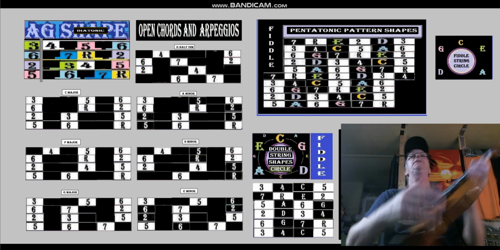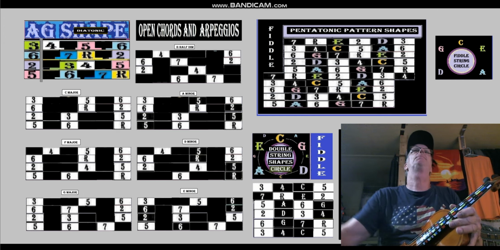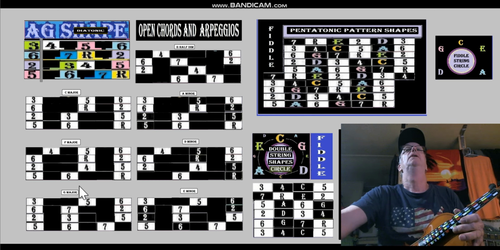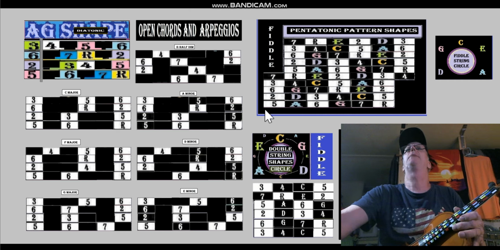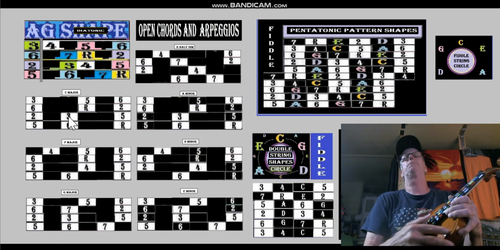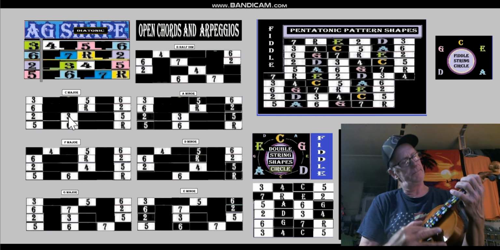These are pentatonics now. Yes, pentatonic pattern shapes. So we got 5, 6, root, 2, 3, 5, 6, root, 2, 3, 5, 6. This is the easiest one, the C major pentatonic on fiddle.